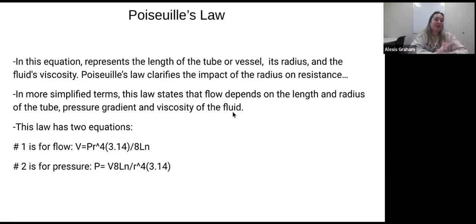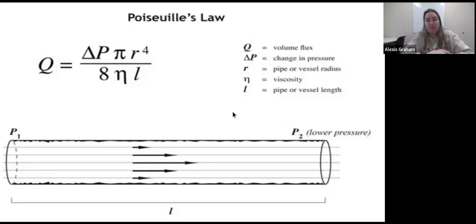These two equations are the equations for flow and pressure in Poiseuille's law. As far as the letters and numbers go, 3.14 is a constant, Q is flow, P is the change in pressure, R is the radius, N is viscosity, and L is length.